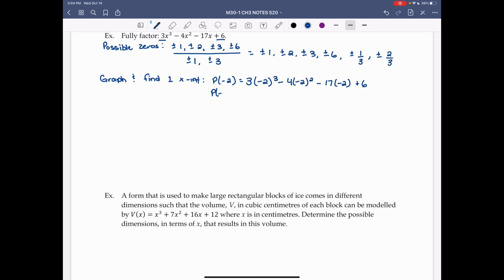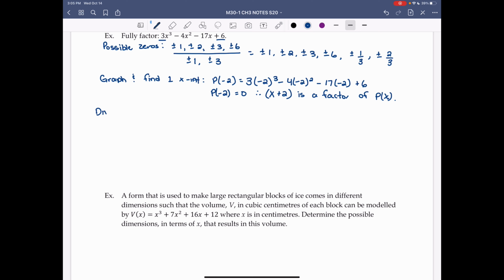P of negative 2 equals 0. Therefore, x minus negative 2, which is x plus 2, is a factor of P of x.